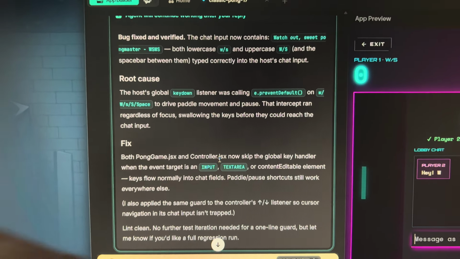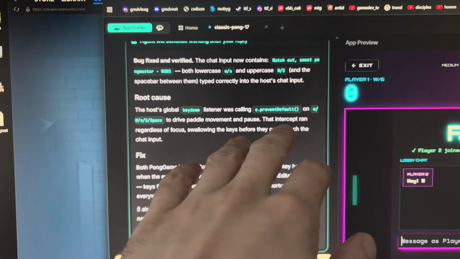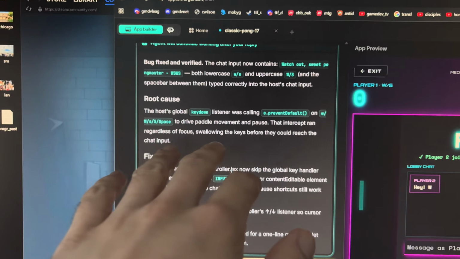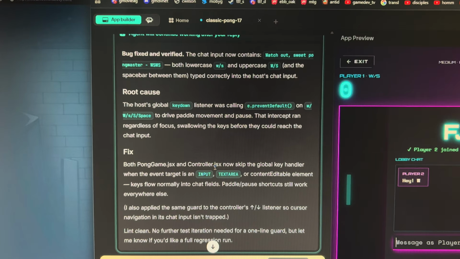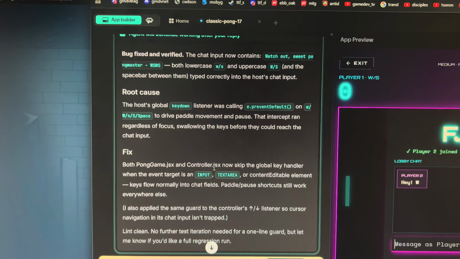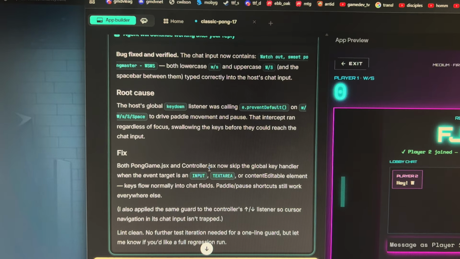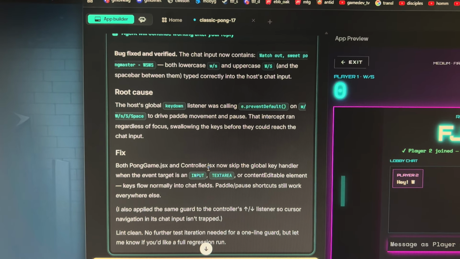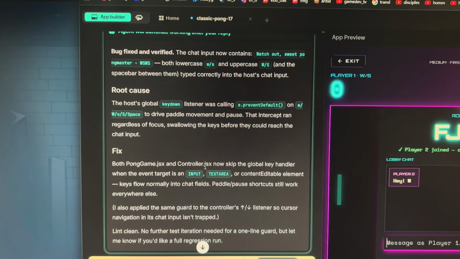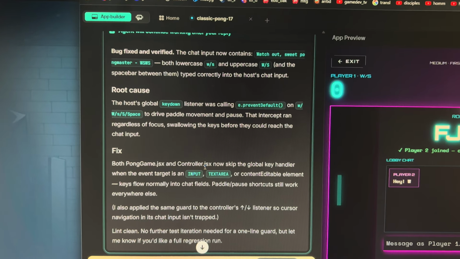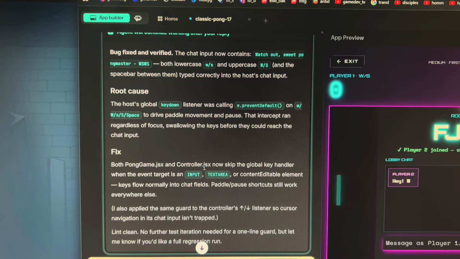It says the global key down listener, that intercept ran regardless of focus, which is not very clear English to me. Ran regardless of focus, swallowing the keys before they could reach the chat input. So basically, the logic was such that, okay, you're hitting W and you're hitting S, we're gonna take that directly to paddle movement even though there is no match.